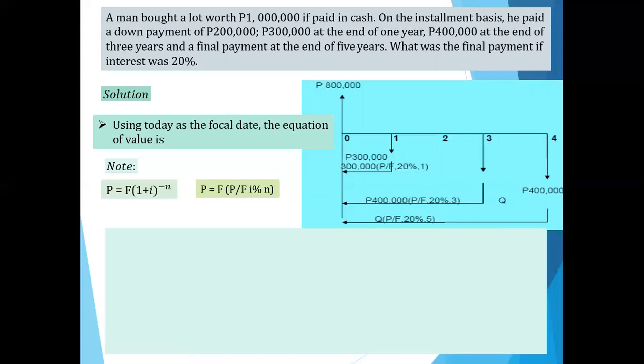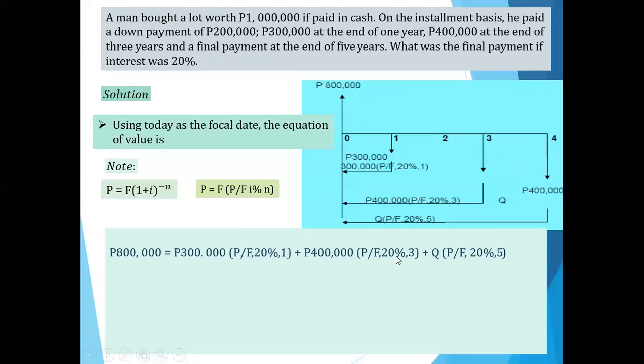So for our equation, we have the 800,000 pesos, which is our remaining balance after a down payment of 200,000, equal to the present value of 300,000 plus the present value of 400,000 and the present value of our final payment after 5 years.